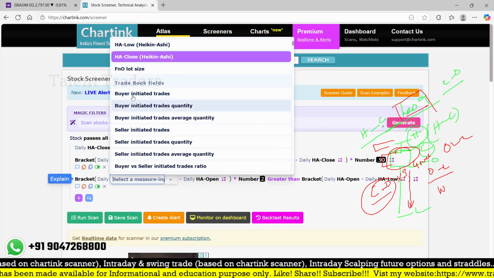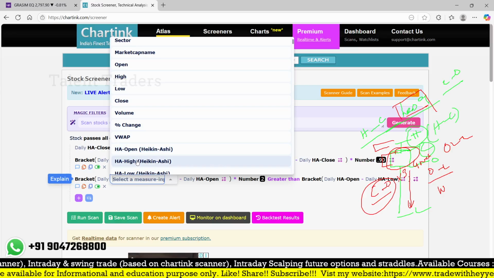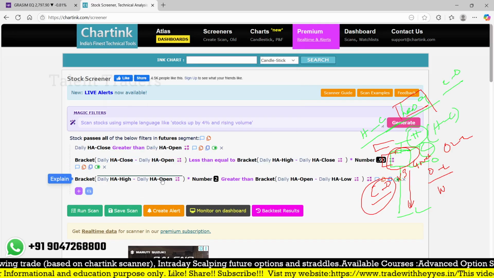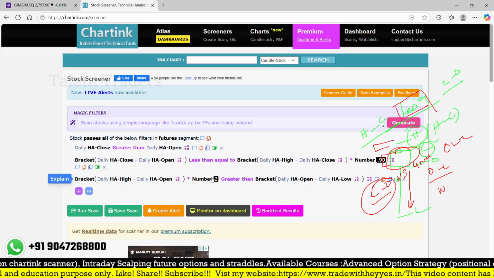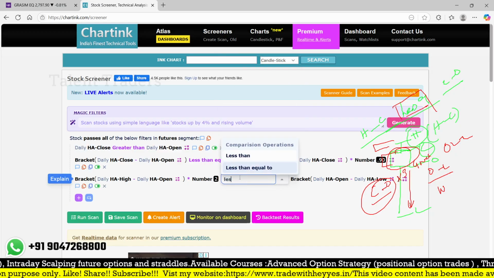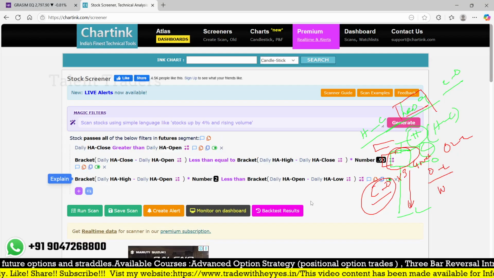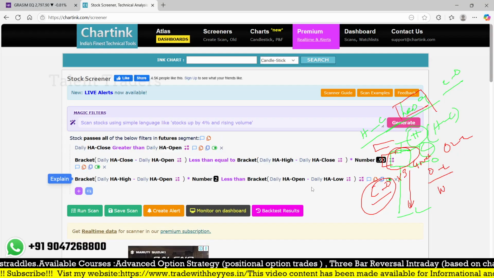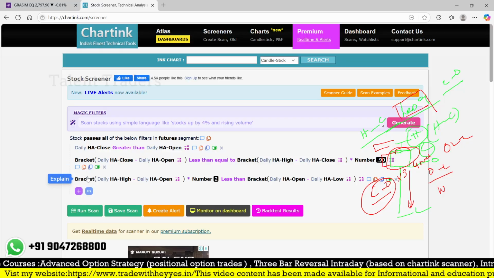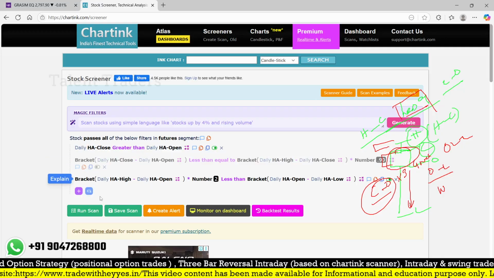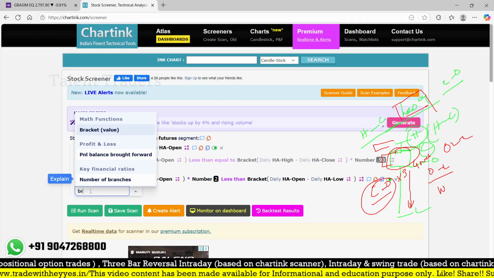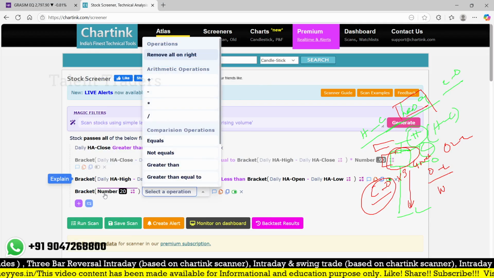So in case of open minus close multiplied by number 2, it should be less than what we use, open minus low. So that works. So we hide this, and the second one we are going to use is a bracket value.